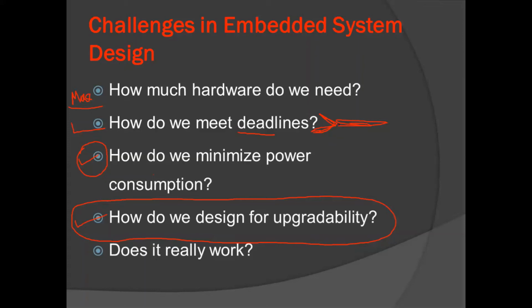Now again, the clock frequency which is used to meet the deadlines and the power are related. Okay, this is very important, guys. When we increase the clock frequency of any microprocessor or microcontroller, it is going to utilize more power. Okay, this is a very important statement.